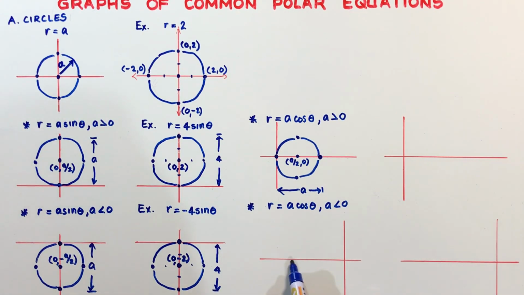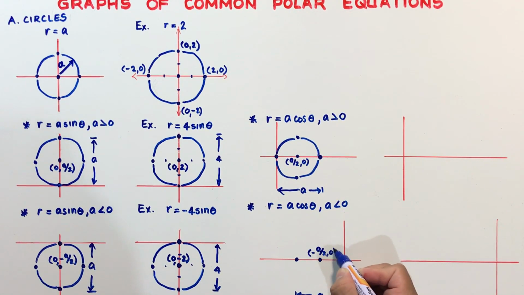So you move a units to the left of the point of origin. So our circle is still having a diameter of a. And since the diameter is a, the center is halfway to a. So this is having a center at a point negative a over 2, 0.